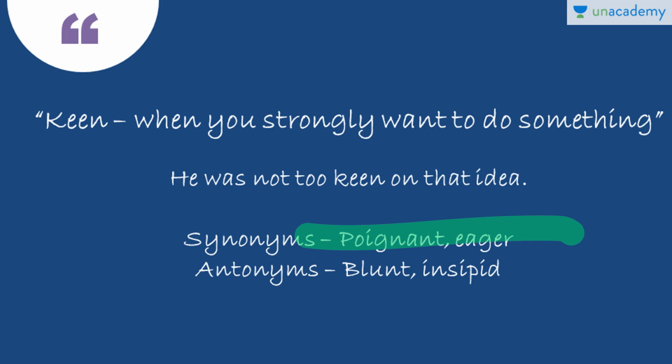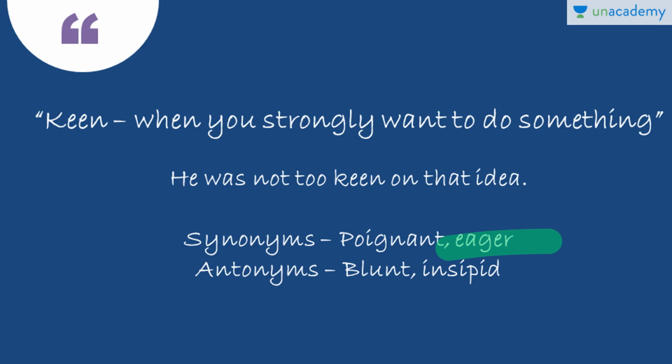So these are the words which are synonyms of poignant. So when I'm saying poignant, that means you are evoking a keen sense of sadness or regret. Okay, the next is eager. Again, when I'm saying eager, it means when you strongly want to do something or you strongly want to have something.